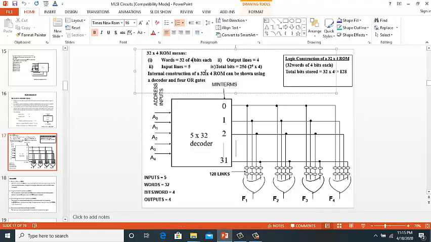Since each word has got 4 bits, it means it will have 4 output lines. And since there are 32 words, so 2 raised to power 5 is 32, so input lines is equal to 5, and total number of bits would be 2 raised to power 5 into 4, that is 256 bits, which will be stored in this particular ROM.